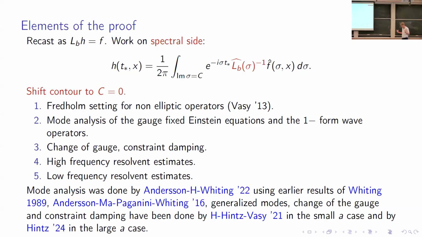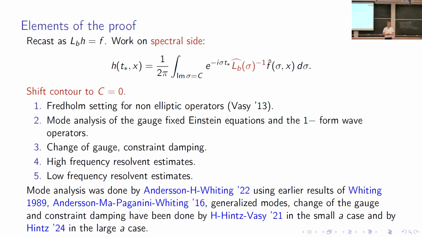You have this result by Bernard Whiting saying that you don't have mode solutions. Does this give control on your solution a priori or not? You know that you don't have point spectrum in the upper half plane, but all kinds of horrid stuff can happen nevertheless. So the idea is, can this be an analytic family of Fredholm operators in sigma? And at this point, you know that your problems are isolated. This is really the starting point.